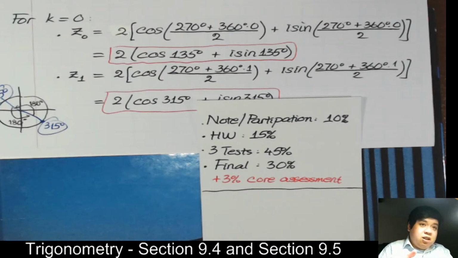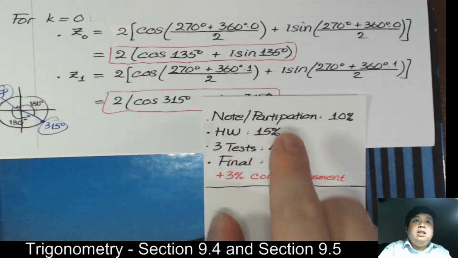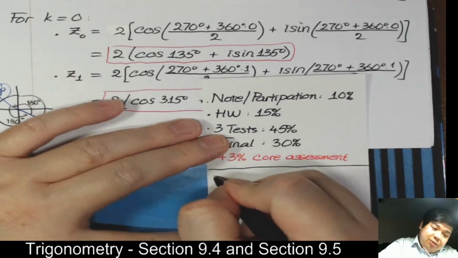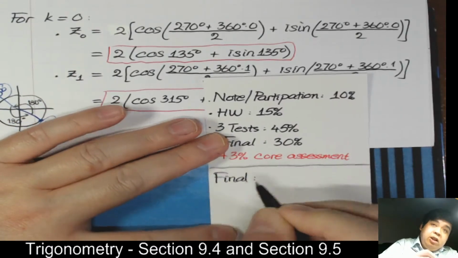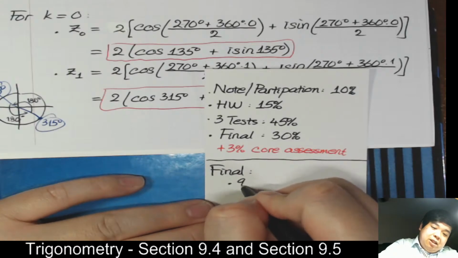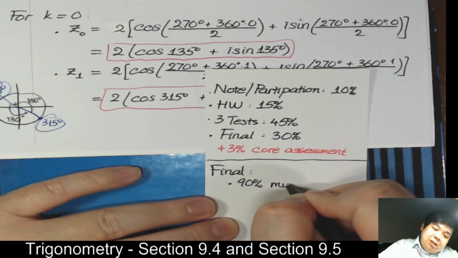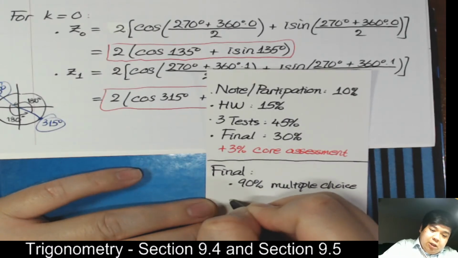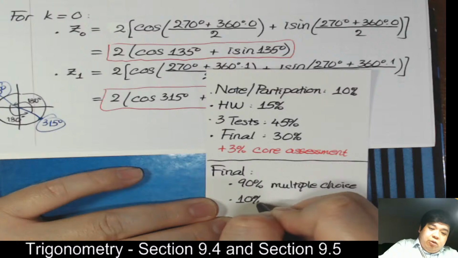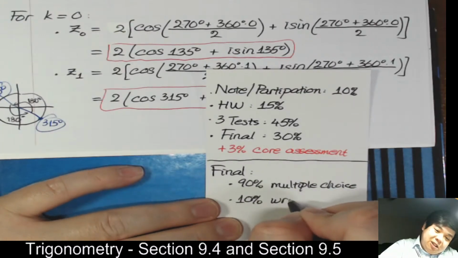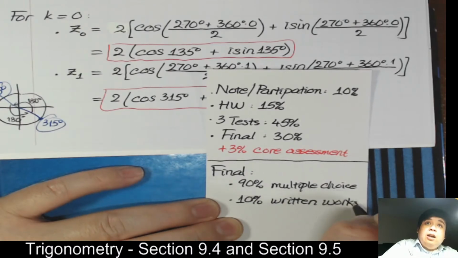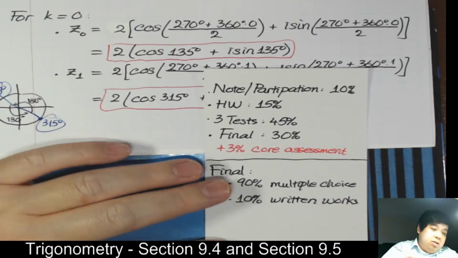So after you finish the final exam, take pictures of those 5 questions and send them back to the same place, and that will be for the final. The multiple choice will be 90%, and then 10% is for the written work that you send back. And the written work you send back within 1 hour.